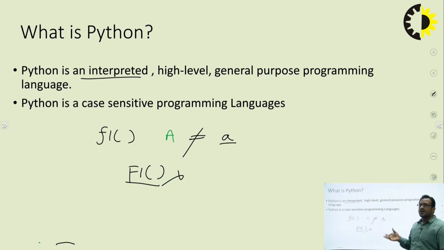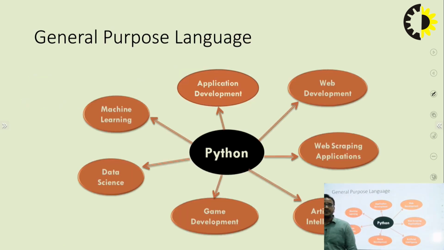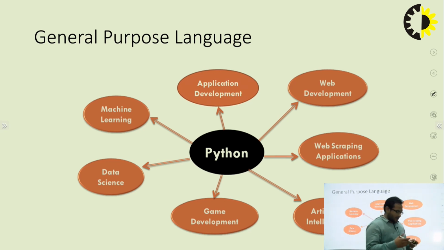And why is it called a general purpose programming language? You can see in the slide. If you develop any kind of application which is used by general people, like, I'll take an example of a calculator. A calculator can be used by a shopkeeper, a mother, a housewife, a student, an engineer or a scientist.